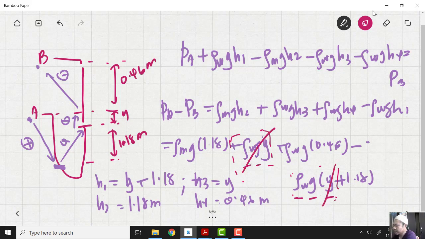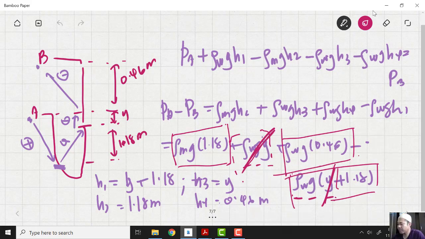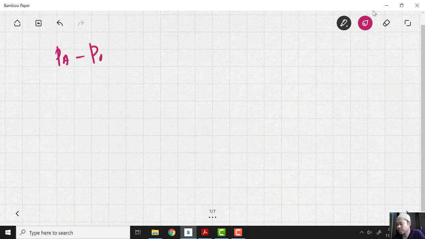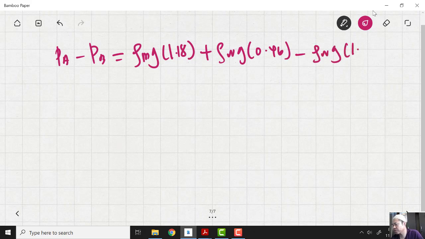What is left from PA minus PB is PA minus PB equal to ρ_manometric fluid g 1.18, plus ρ_water g 0.46, minus ρ_water g 1.18 meter.